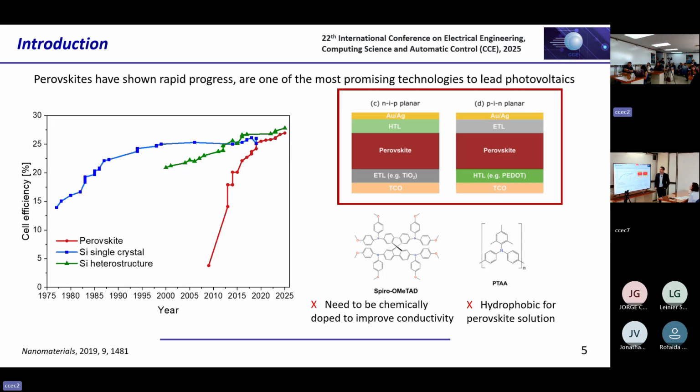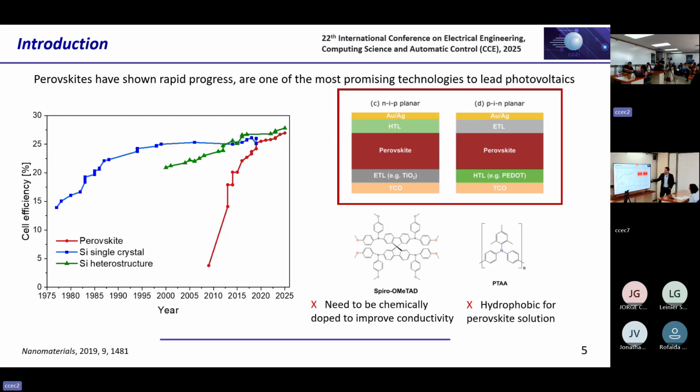First we have the NIP planar, in which we have this organic molecule, spiro-OMeTAD, used for the hole transporting layer. In this structure, we have this molecule on top of the perovskite, and with this molecule we can say it's the most efficient up to now. But there is one problem with this molecule: we need to dope the material to increase the hole mobility, and in this way we improve the efficiency of the device.